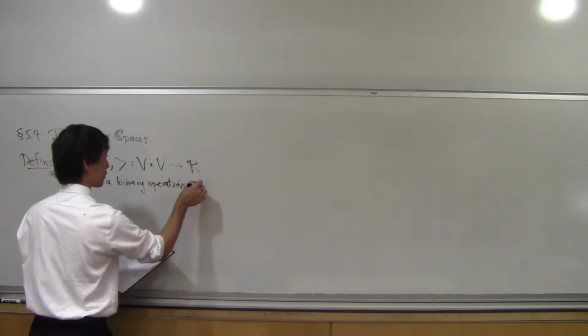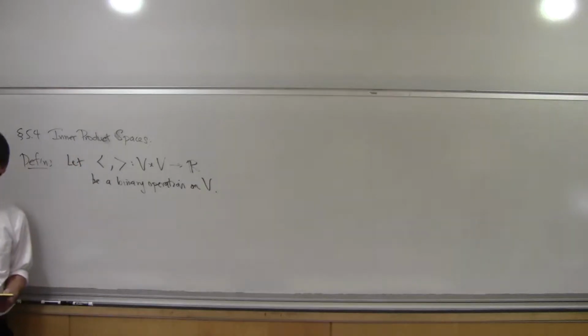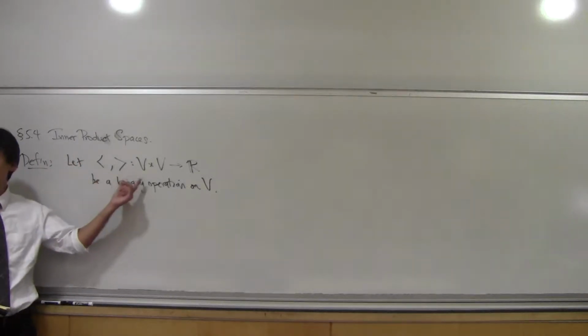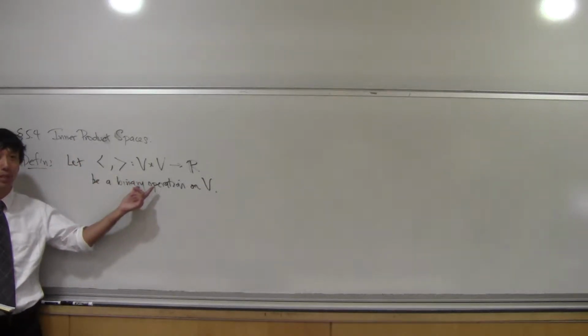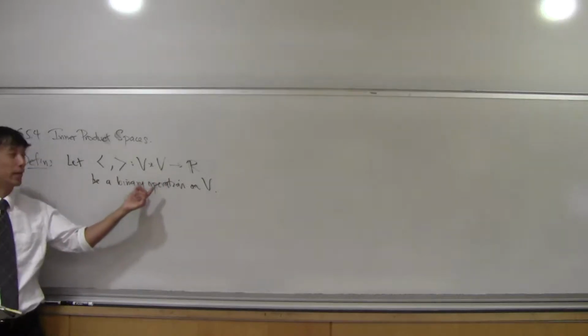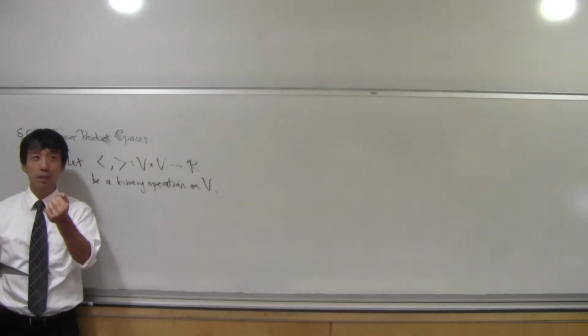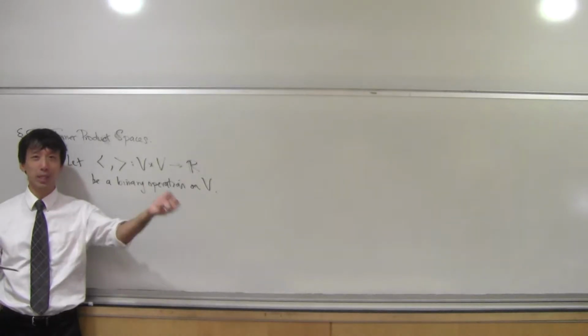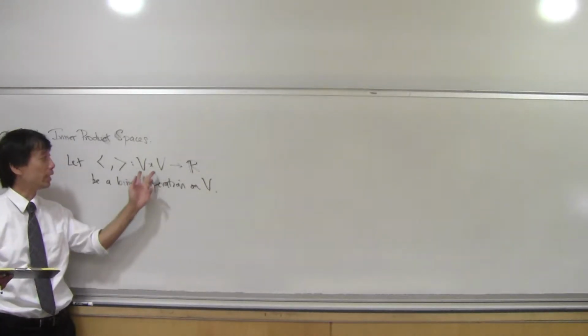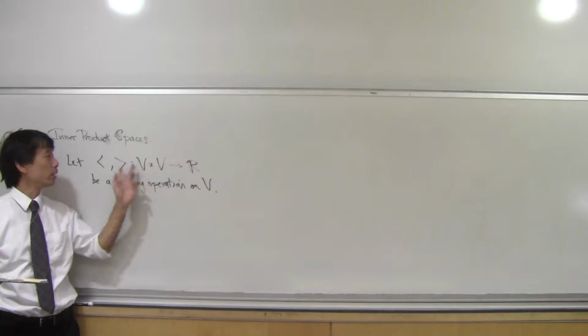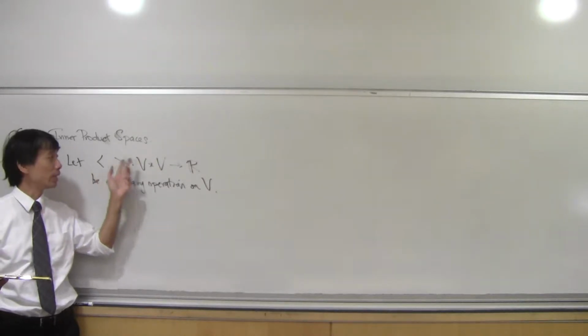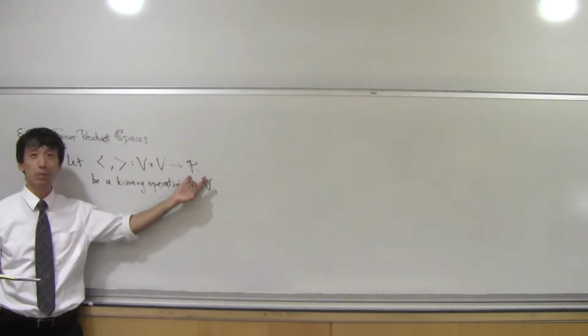On V. Okay, so by a binary operation, I mean something like addition or multiplication, right? If you have addition, you need two things. You add them together, and you get something else. Same thing here. You're going to take two vectors, do some sort of product with them, and you get a number. Just like the dot product.